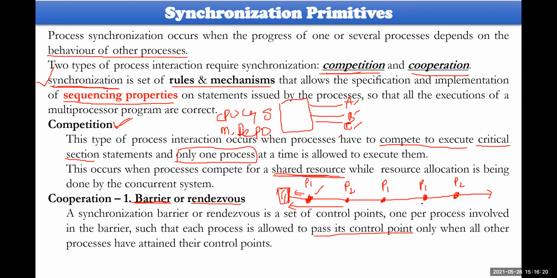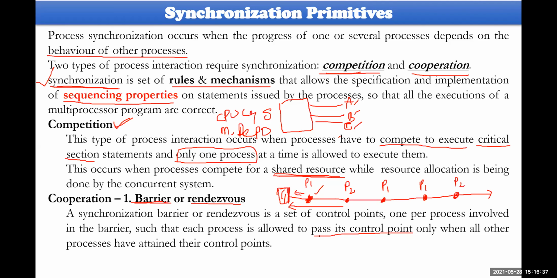So such kinds of barriers get created. Therefore, it is very easy to assign the resources to each and every process in a progressive interval manner. So that is what the barrier or reduction kind of process is about.